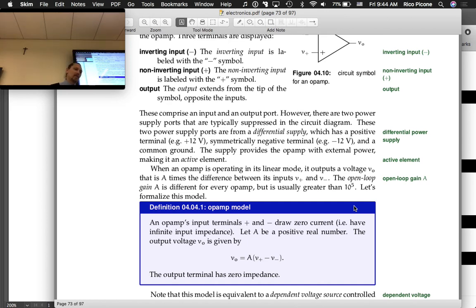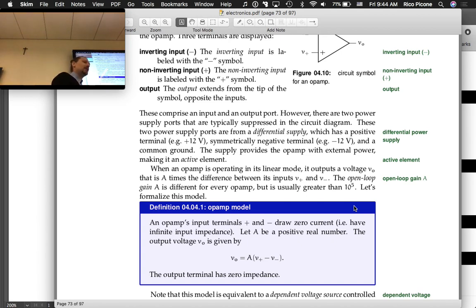Now, that idea mixed with the idea of superposition in linear systems, which we haven't talked about much, is that if you put in a sinusoid to a linear system, you get out a sinusoid. And if you think of a periodic signal in the input being a sum of a bunch of sinusoids, then the output will also be a sum of sinusoids with just different amplitudes and phases.